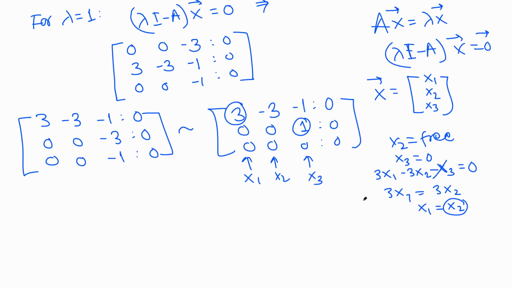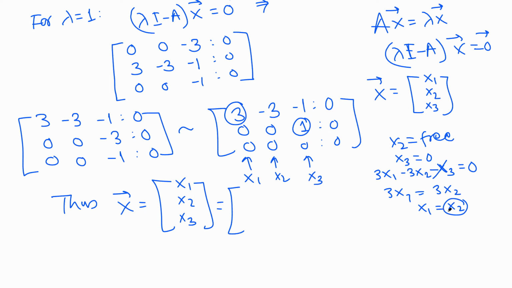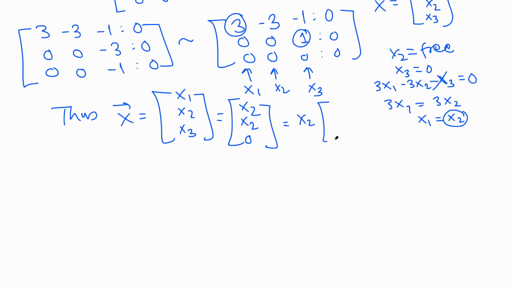So thus x is, in fact, we are just writing a basis for the eigenspace or eigenvector. So x1 is x2, x2 is just x2 because it's free, and x3 is 0. We can factor x2 out, then that gives us 1, 1, 0.